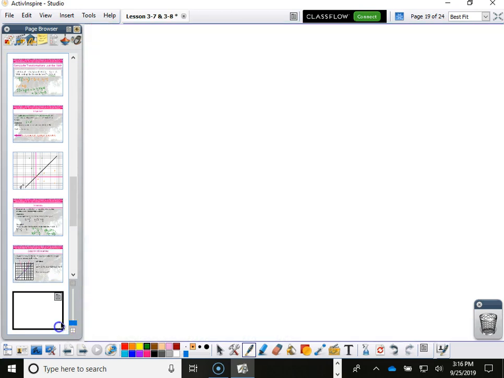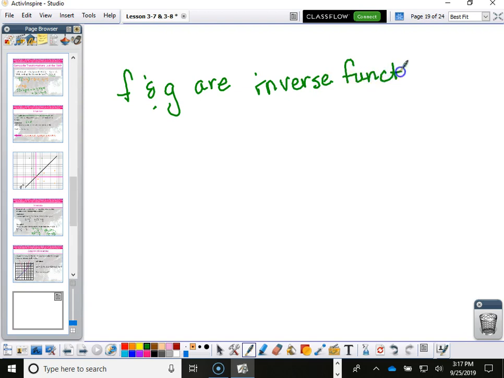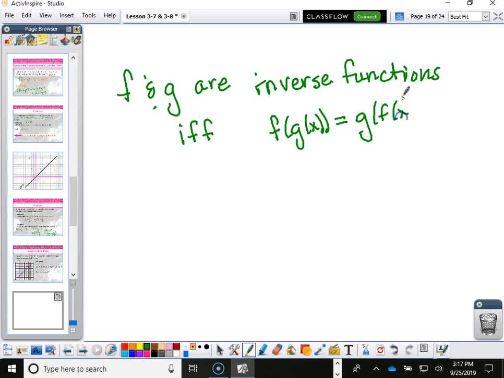One of the things we do know is f and g are inverse functions if and only if f of g of x equals g of f of x.